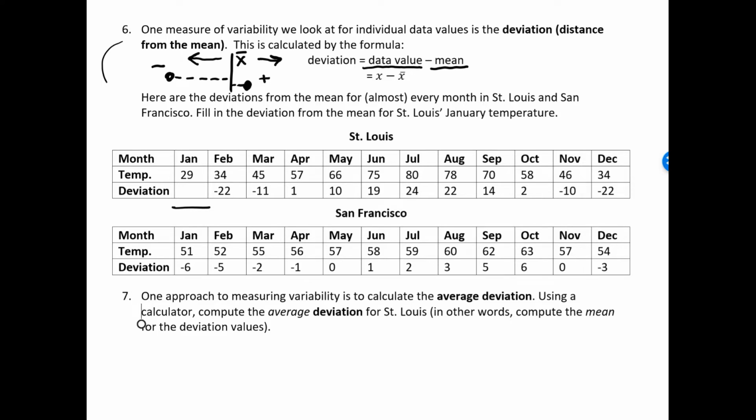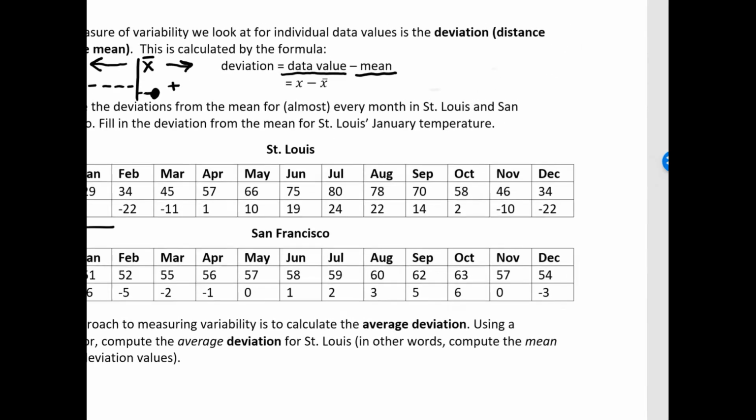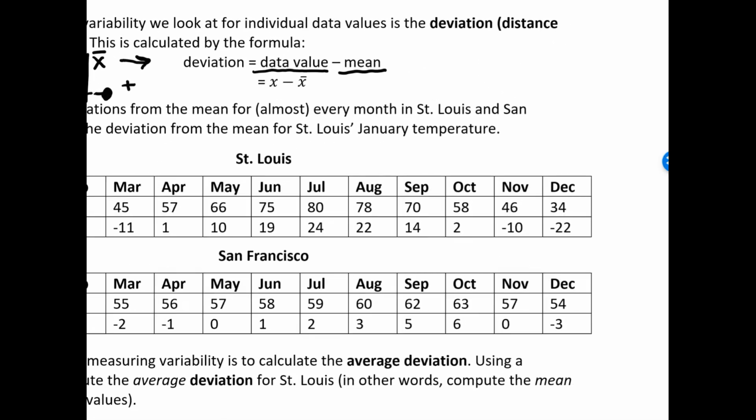I'll give you another small example to help you on your way and give you a chance to try it out. Let's say we have a data set that has a mean of 46, and then I have one data point in that data set, a data value of, let's say my x would be, in this case, 58.